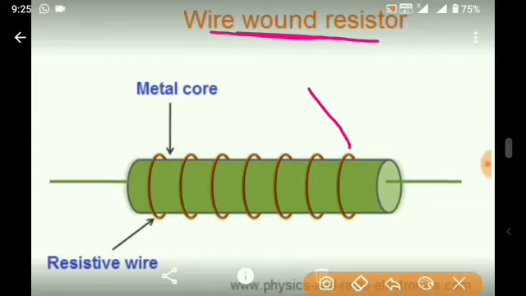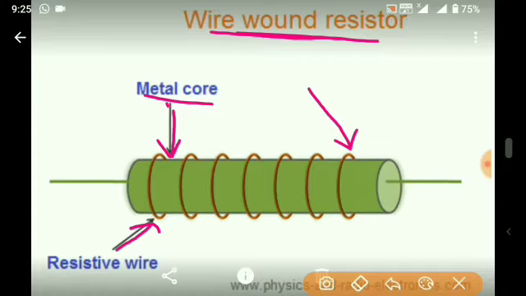This wire is wound over this metallic core. This green color is a metallic core on which this resistive wire is wound. That is, it can be manganese, constantan or a nichrome.